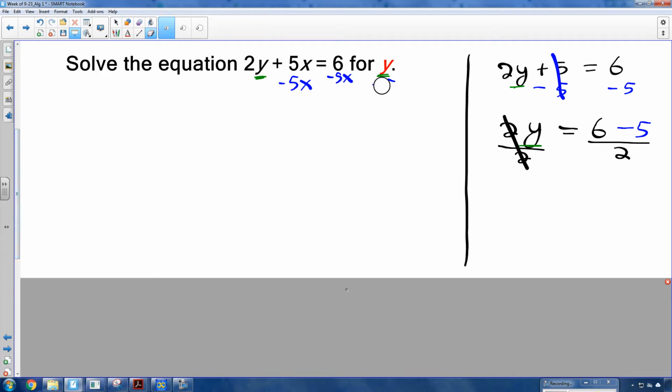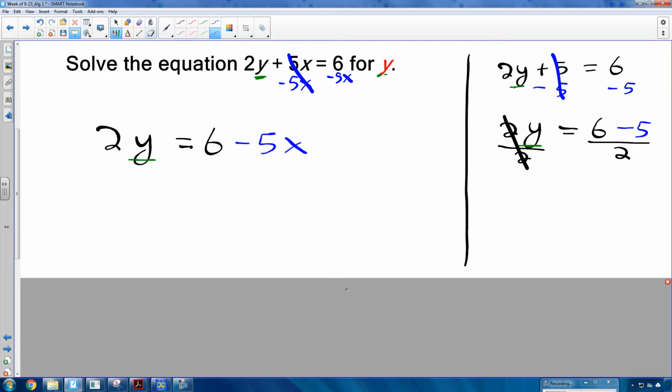The 5x will cancel the 5x. And you'll have 2y equals, and the problem is, what do we do with the 6 and the 5x? You can't put them together, so you've got to put them side by side. They can't combine because they are not like terms.